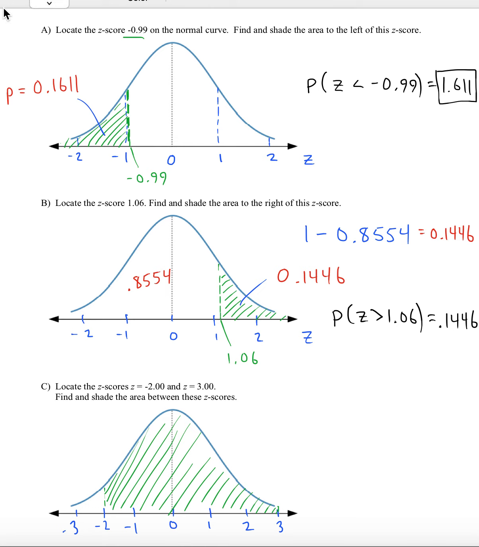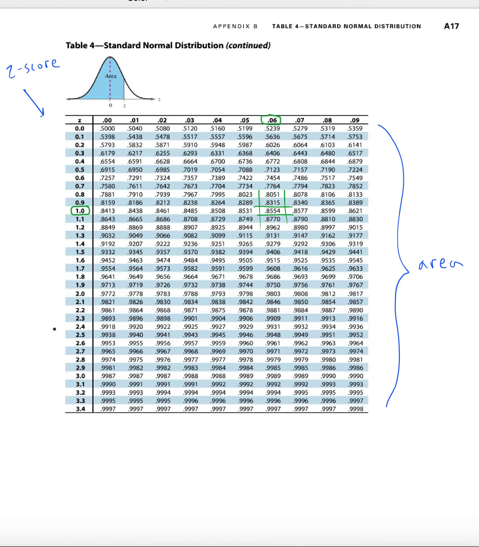Okay. First thing I'll do is I'll look up what is the probability of a z being less than 3. Let's find that out first. 0.9987.